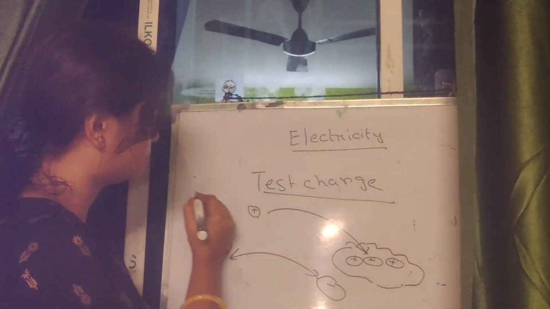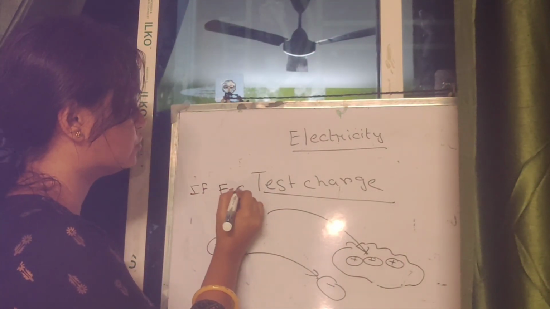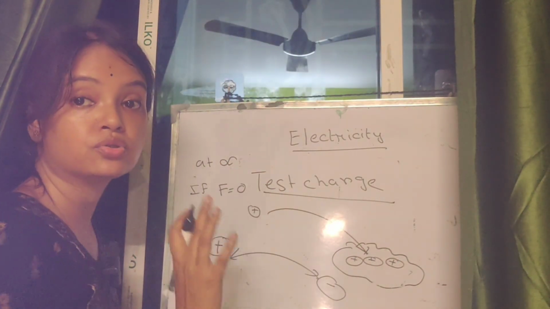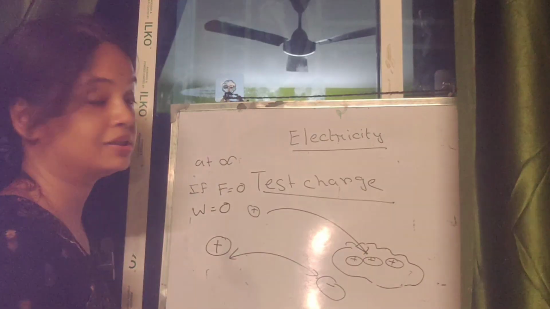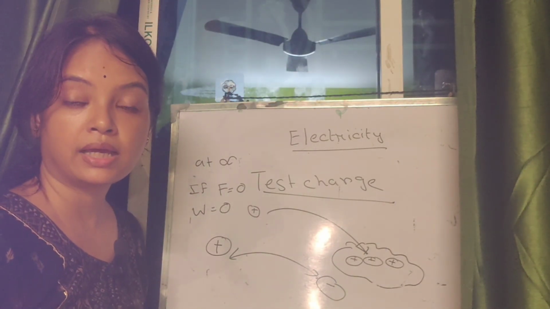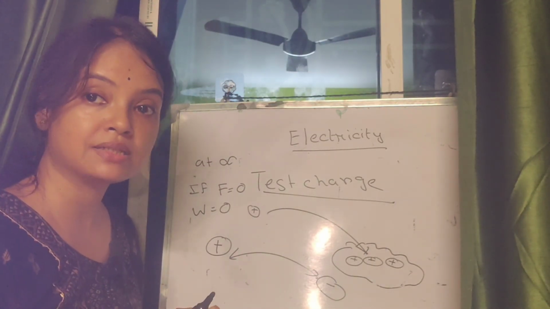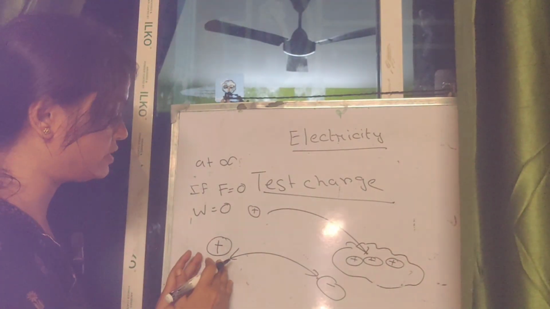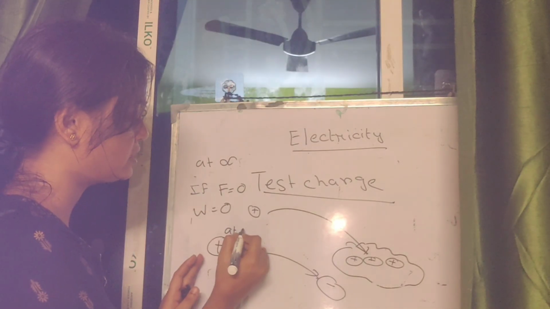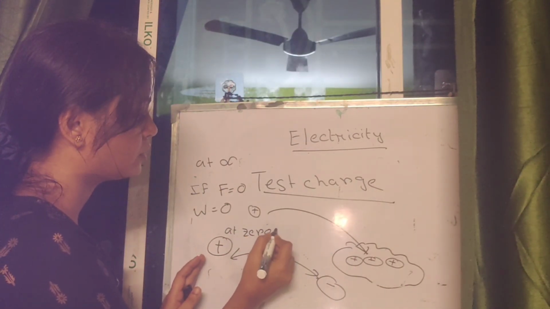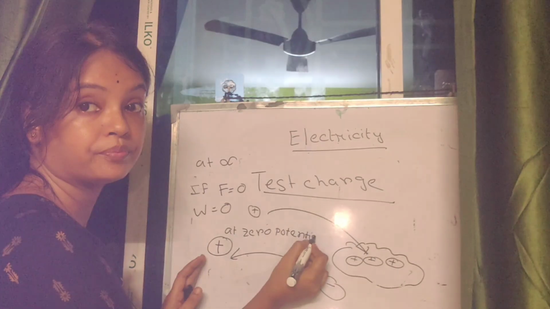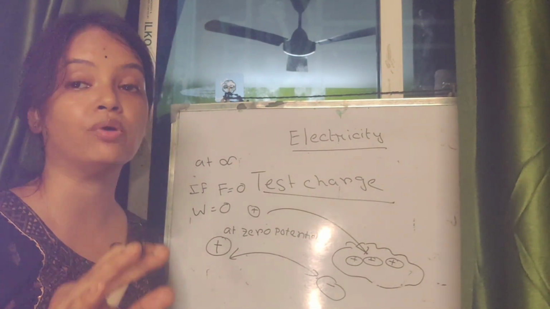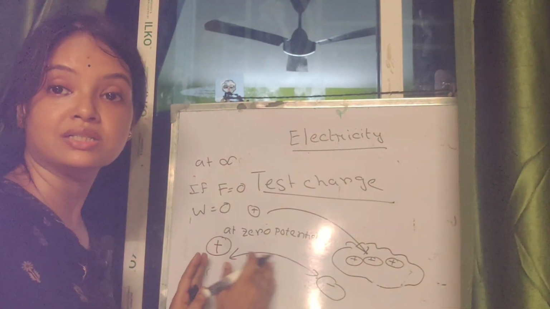So if F equals 0 at infinity, then W, the work done, is also 0, and if work done is 0, we can say that this is at 0 potential. So at infinity this charge is at 0 potential. That means the potential energy is totally 0 because no work is done here, as the distance is infinite.